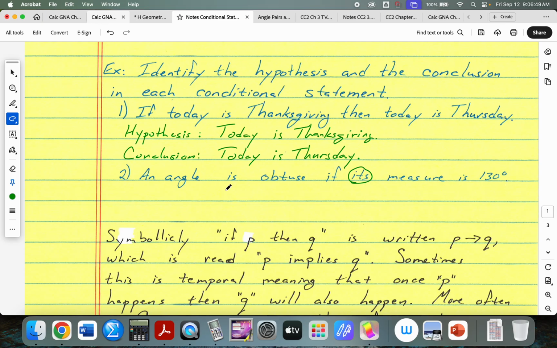We'll say, what is the it referring to? The angle. So I'll say an angle's measure is 130 degrees.